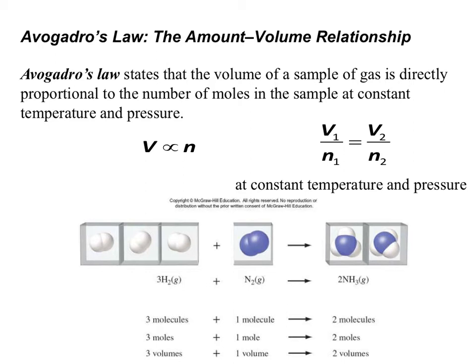For example, in this reaction here, if we have 3 hydrogen gas molecules reacting with 1 nitrogen gas molecule to give us 2 ammonia gas molecules, the ratio is 3 molecules plus 1 molecule gives us 2 molecules, which would be the equivalent of 3 moles of hydrogen plus 1 mole of nitrogen giving us 2 moles of ammonia, which when converted to volumes would just be 3 volumes of a gas plus 1 volume of a gas gives us 2 volumes of a gas. So the change in volume would be from 3 to 2 equivalents.